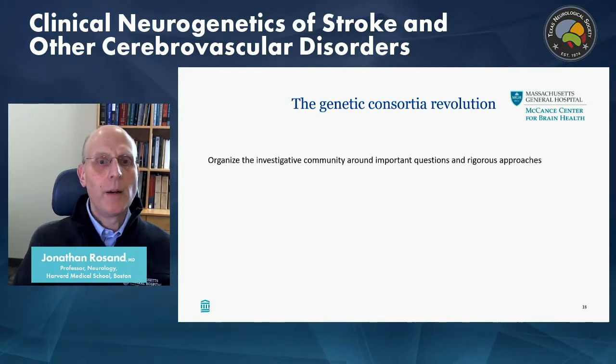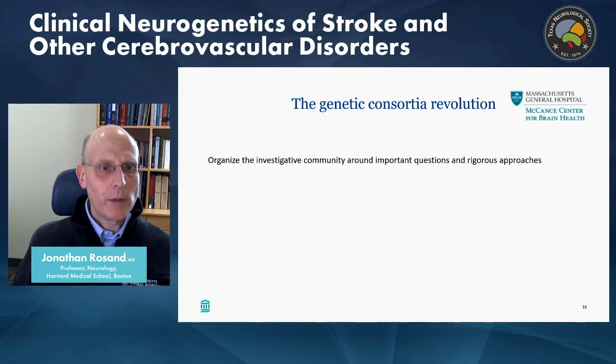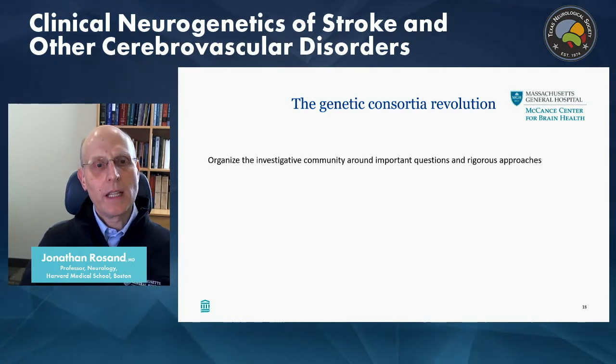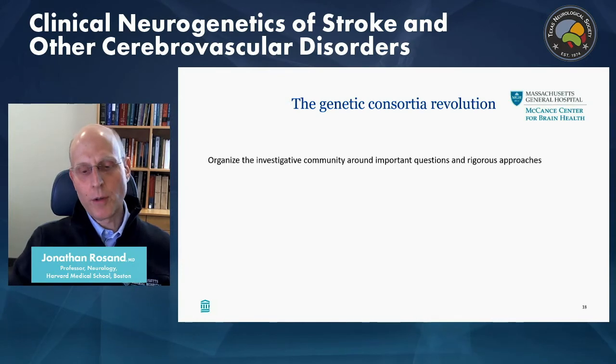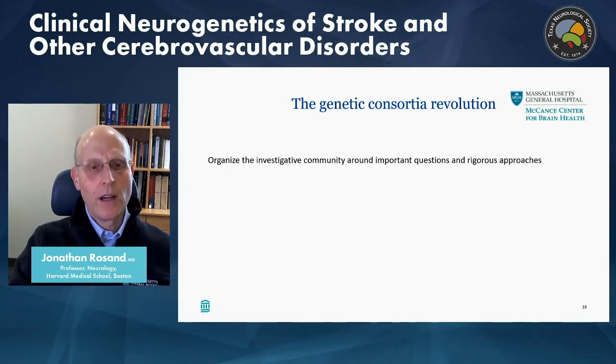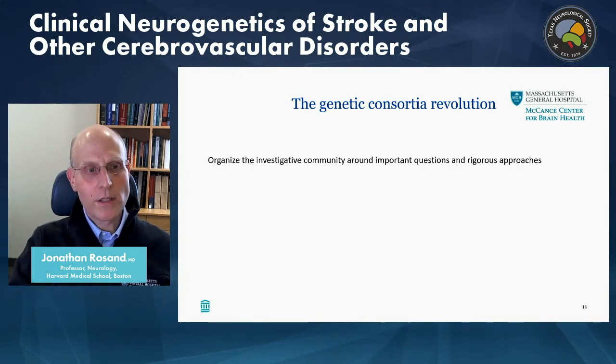The other thing that the GWAS revolution has led to is really a transformation in the way we collaborate. Over the last 10 plus years, we've organized the investigative community around important questions and rigorous approaches, and organizing means hundreds of people, and actually now we're getting into the thousands.